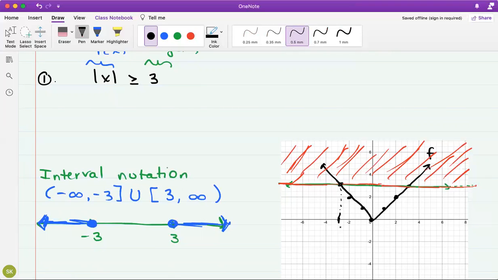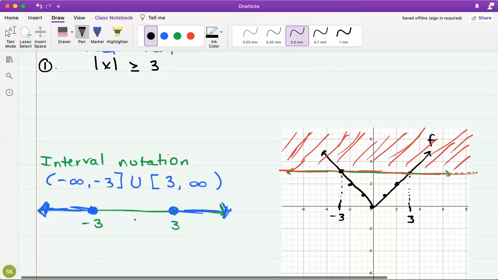Then from negative 3 to positive 3, your graph here, the black graph, is below this red area. And then from 3 to infinity, just like we wrote here, from 3 to infinity, you're going to be above. So that's another way to visualize this graph and to visualize this answer.